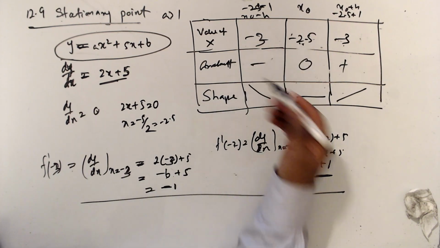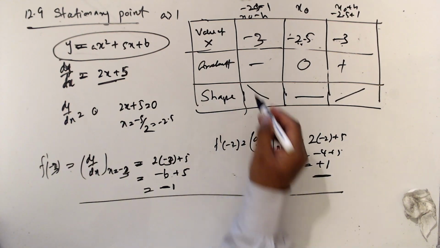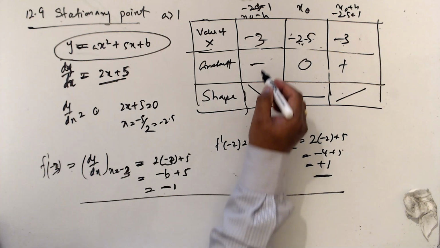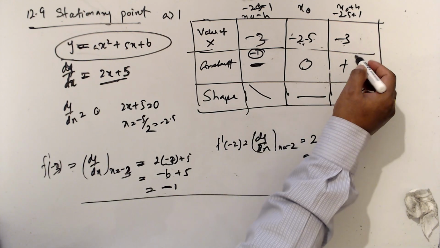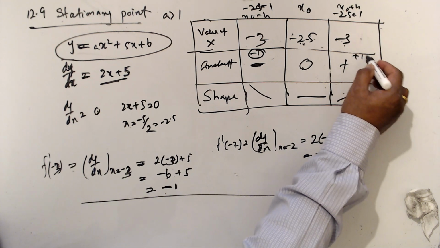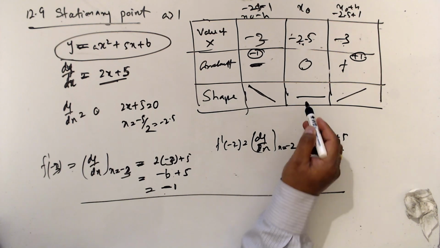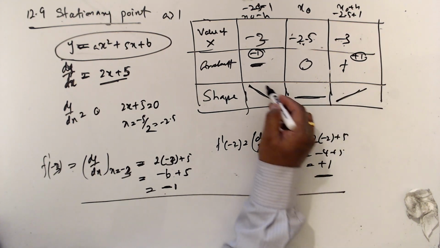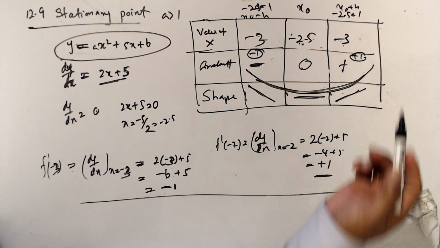We came to the left. That is minus 3, and the minus 3 value is minus 1. So that is negative, 0, and this is positive 1. So the shape is negative gradient, 0 and positive gradient. You will find that gradient at a minimum.